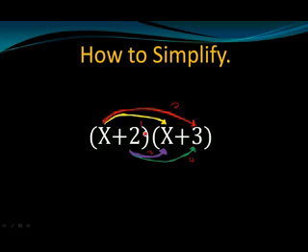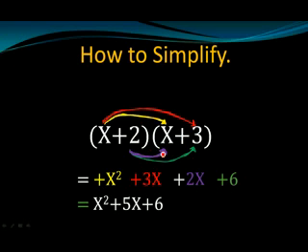So it will be something like this. You multiply this by this, this by this, and this by this. After you do all that multiplication, this is what results. When you say x times x, you get x squared. x times 3, you get 3x. 2 times x equals 2x, and 2 times 3 gives you 6. That's what I meant by collecting the bananas.